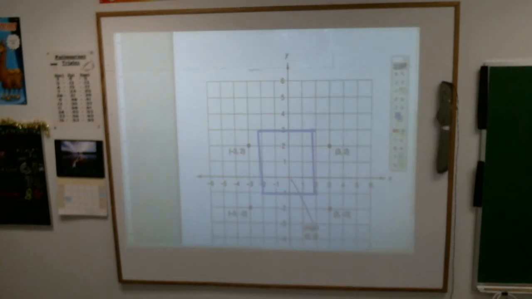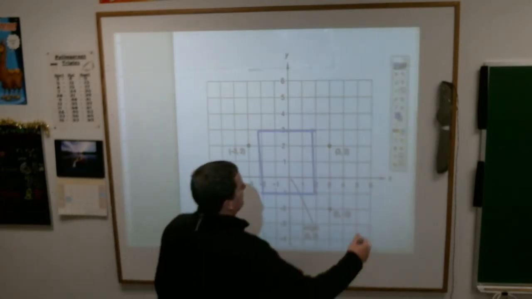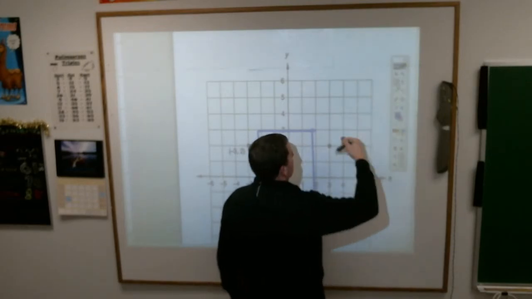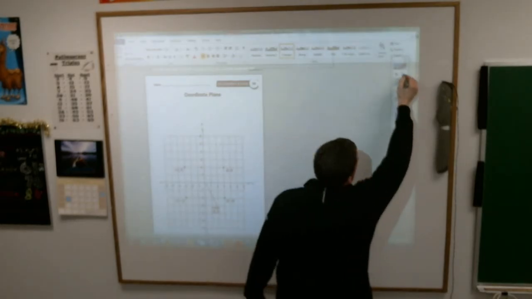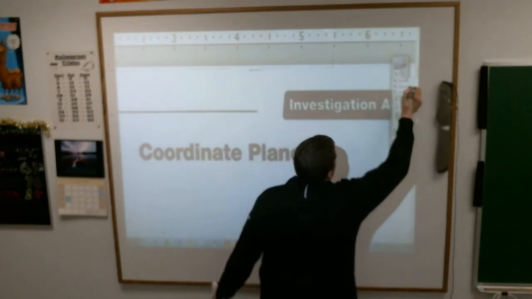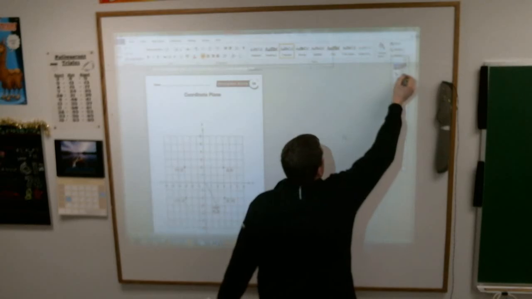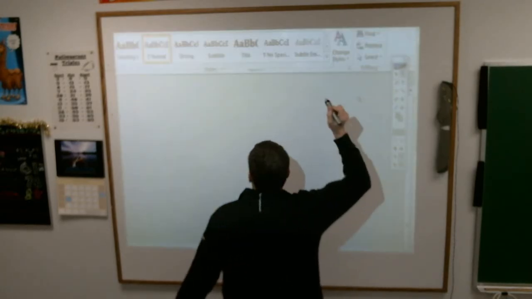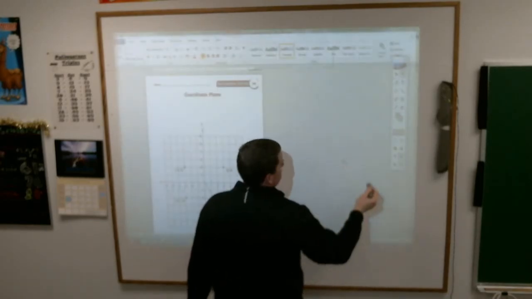Use the lines you are given and the squares you are given to draw them so they're right.